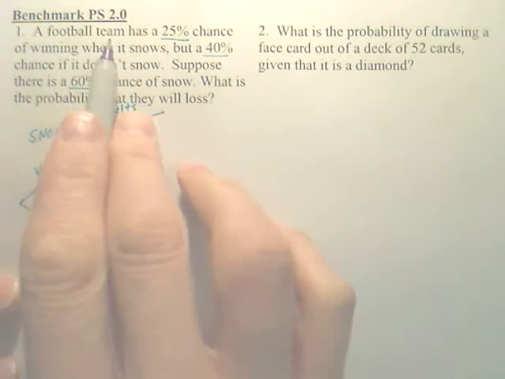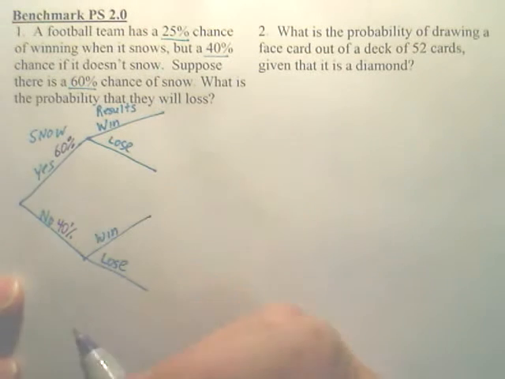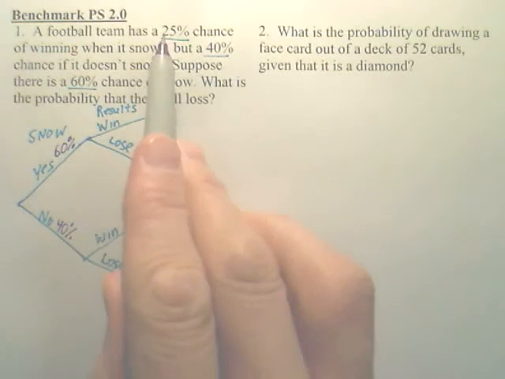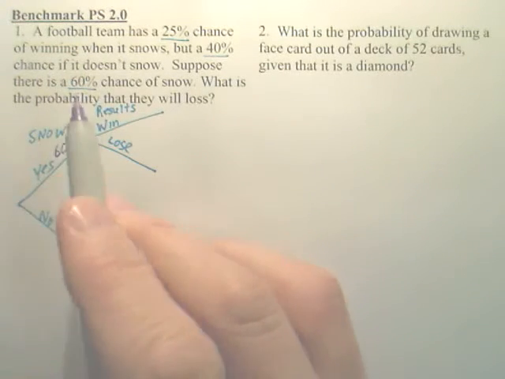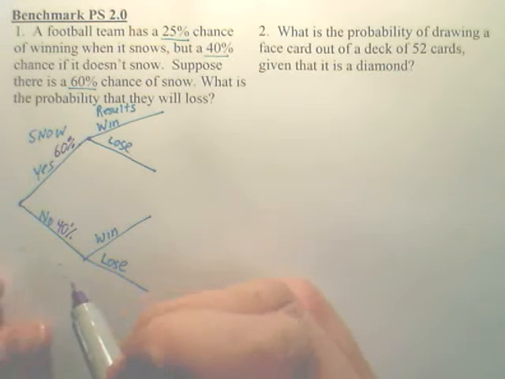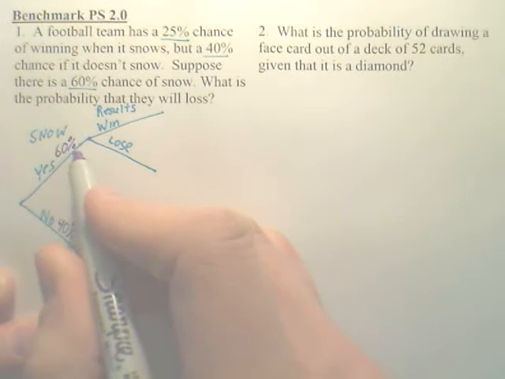Next, the football team has a 25% chance of winning when it snows. Now, the moment I say when it snows, is that a condition? They have a 25% chance of winning when it snows. So the moment I say when it snows, it's saying if it snows, they have a 25% chance of winning. So we're up here, on this track.